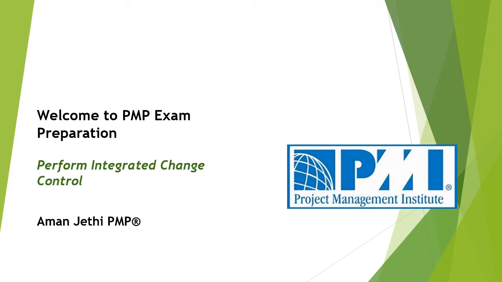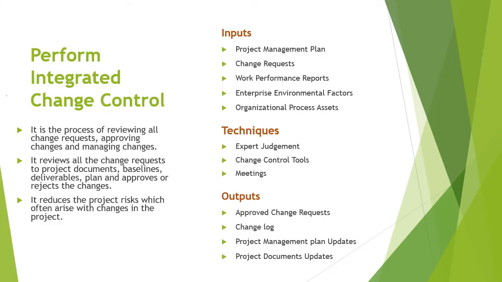So in this video, we are going to discuss in detail one of the very important topics of the project management professional exam, the perform integrated change control process. So the key focus here is to look at the impact of each change on all the project constraints.